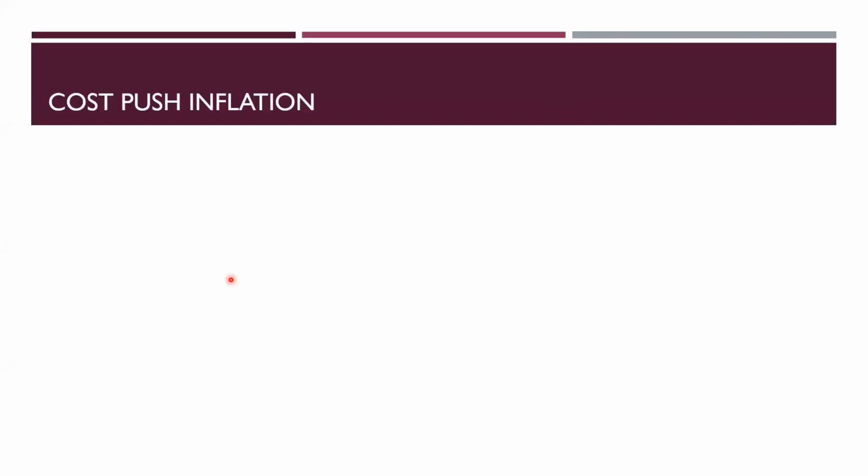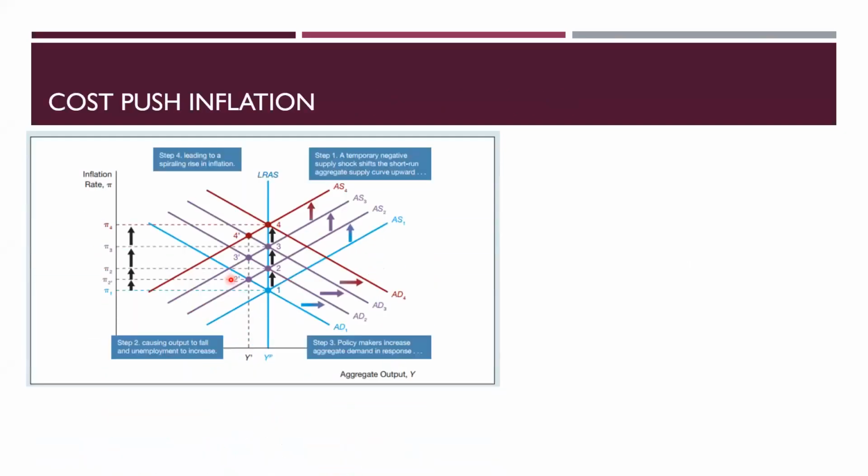Let's have some diagrammatical illustrations of cost push inflation. There's nothing intimidating in this diagram. This is quite simple and interesting. The first thing you need to know in every diagram you meet in economics is where you are starting from.